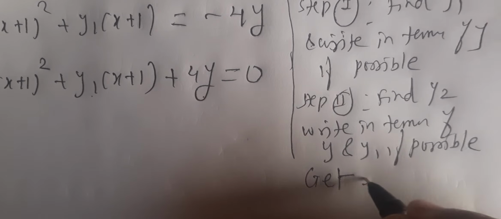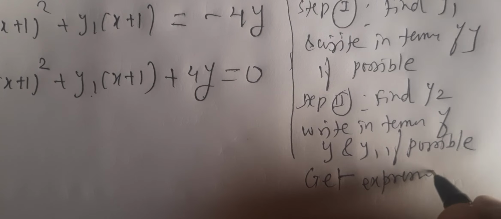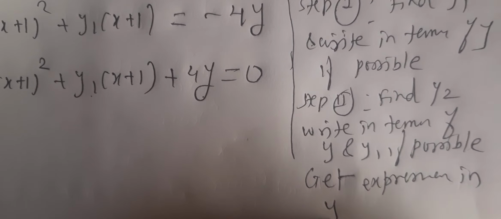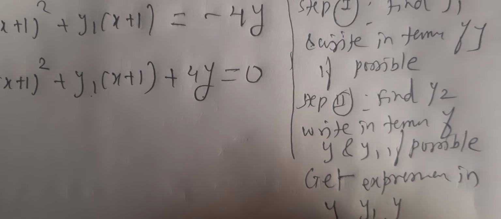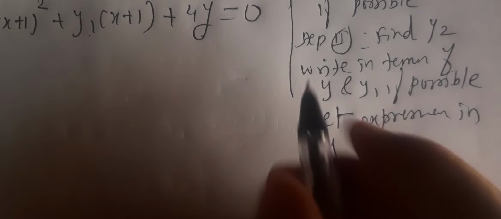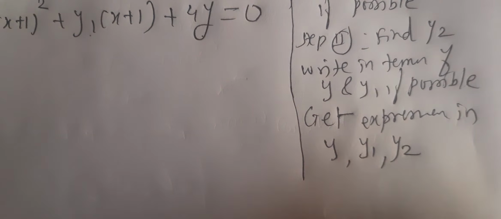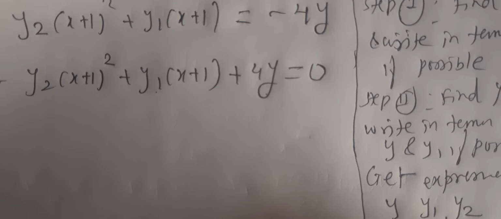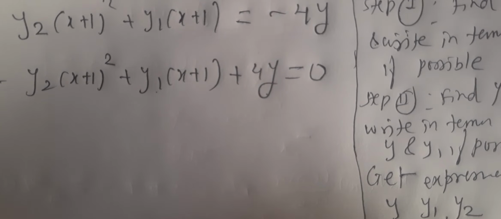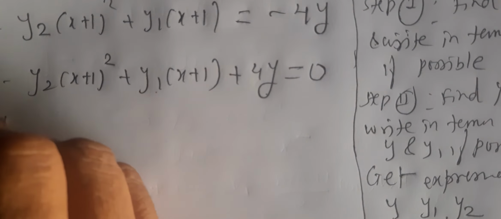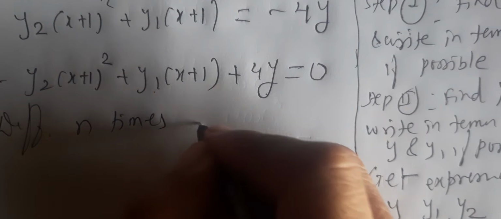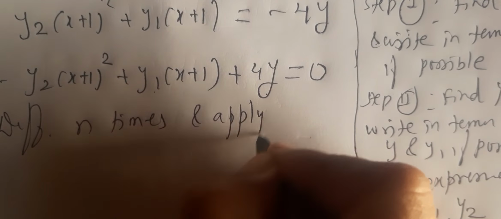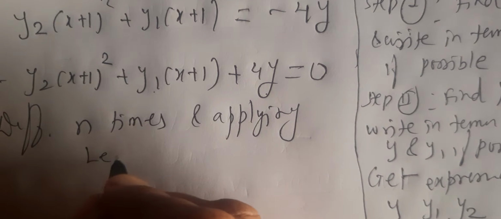So we got some expression in terms of y, y1 and y2, and after that, the last step will be differentiating n times and applying Leibnitz rule.